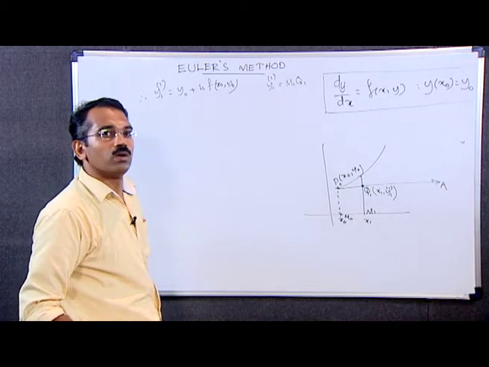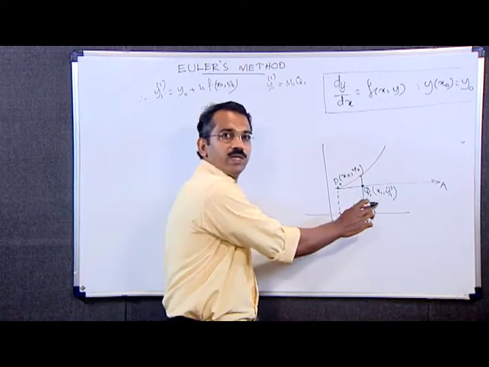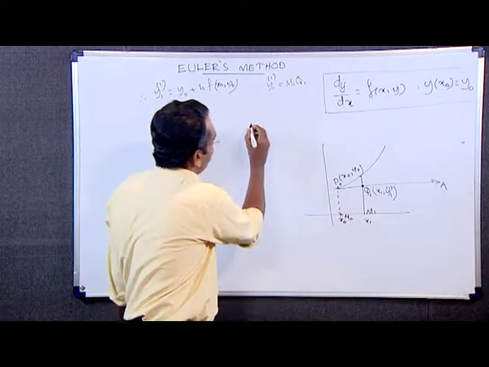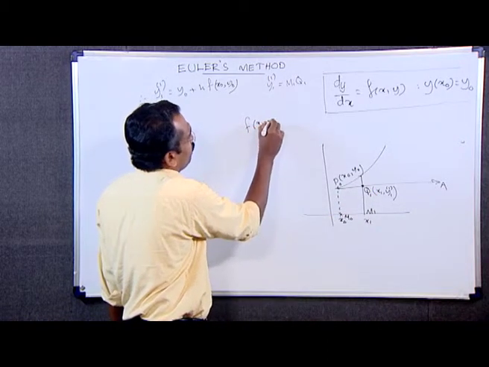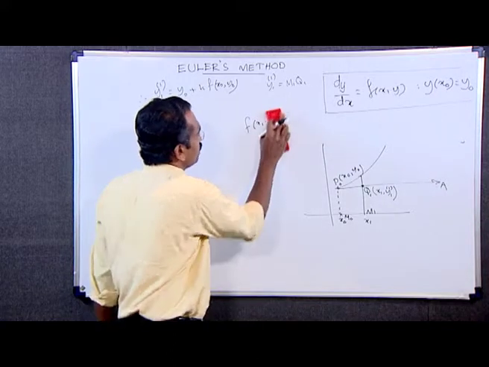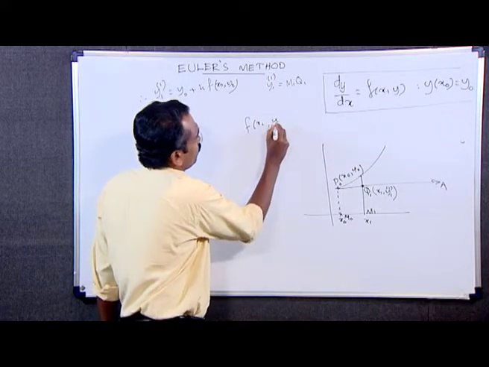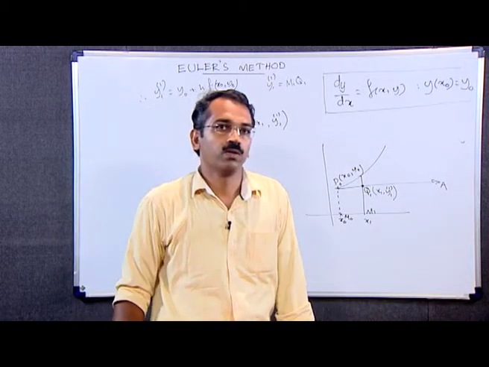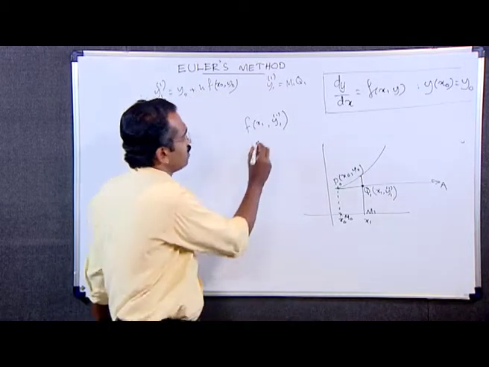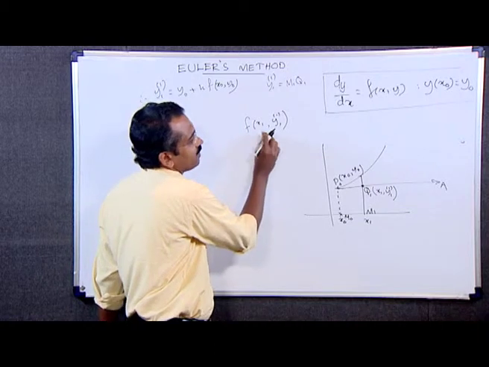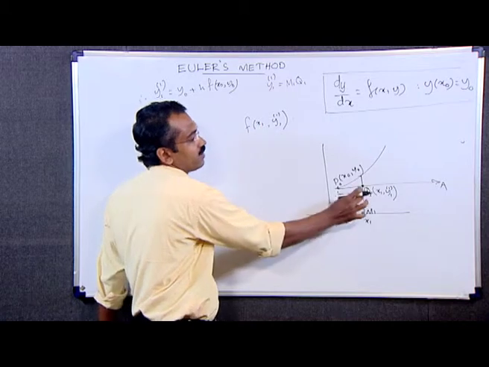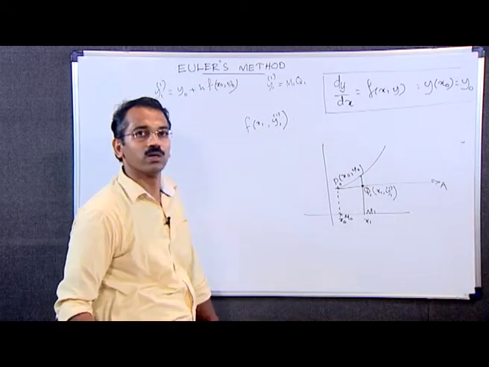Now, we calculate f of x1, y1(1), which is the slope at x1, y1(1).